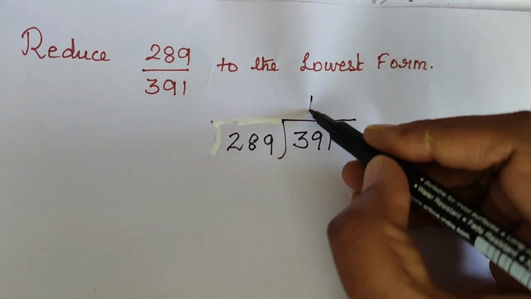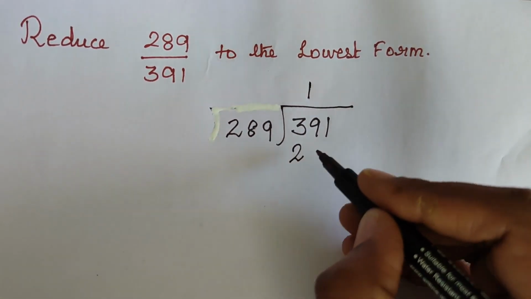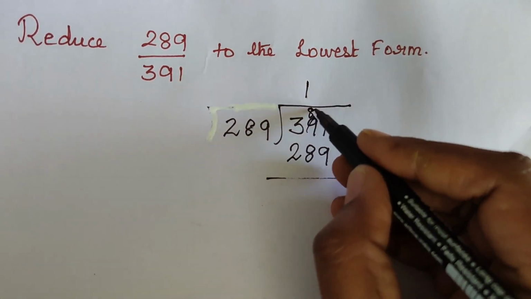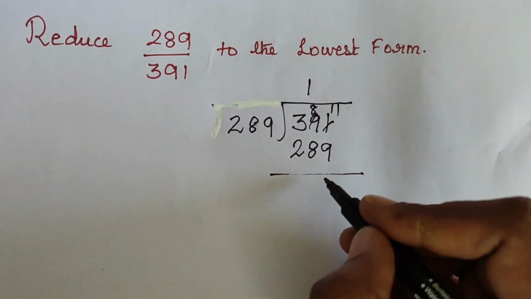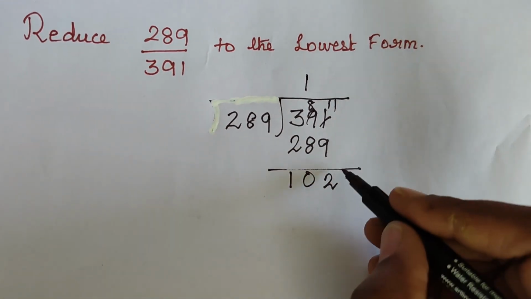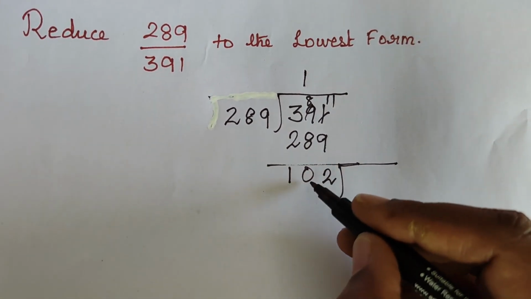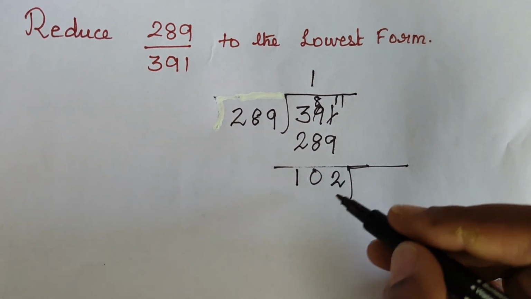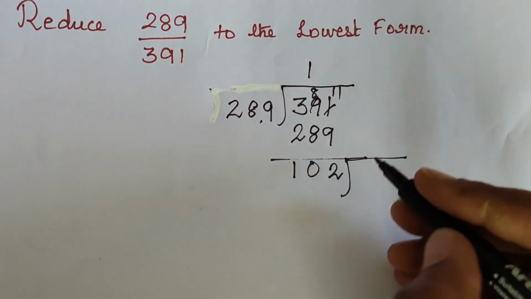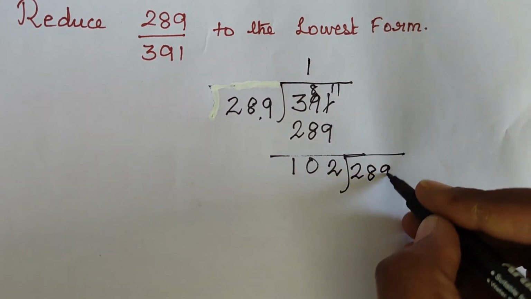It goes 1 time. 1 into 289, 289. On subtraction we get 102. Now this remainder 102 becomes the divisor and the previous divisor becomes the dividend, 289.